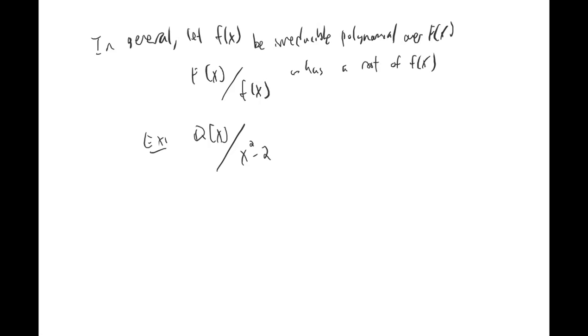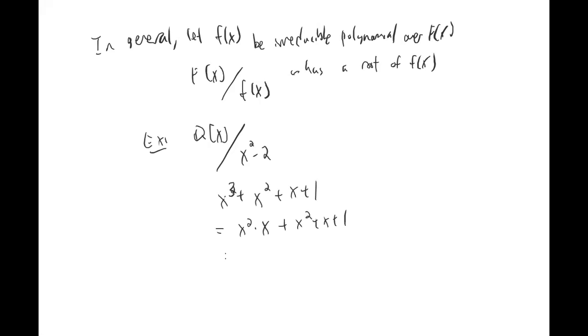Do you all agree? I can reduce every high degree polynomial to either a linear or constant term. Let's do an example. Take x cubed plus x squared plus x plus 1. Since x squared minus 2 is 0, x squared is 2, so this is x squared times x plus x squared plus x plus 1.